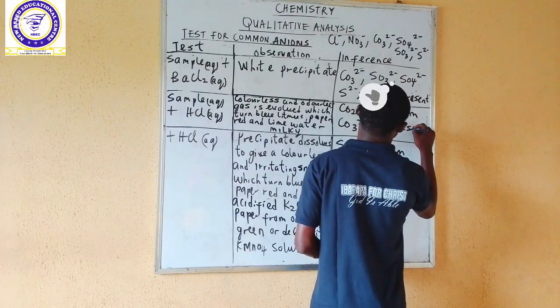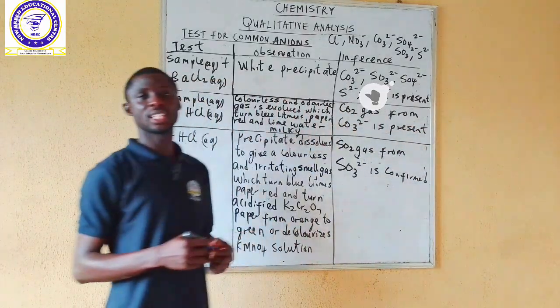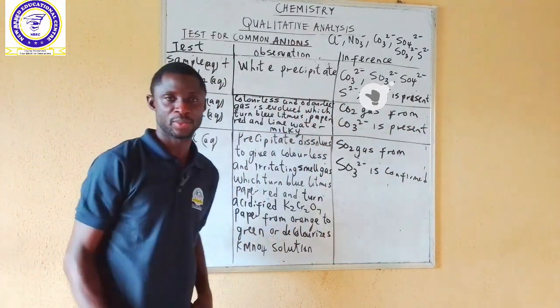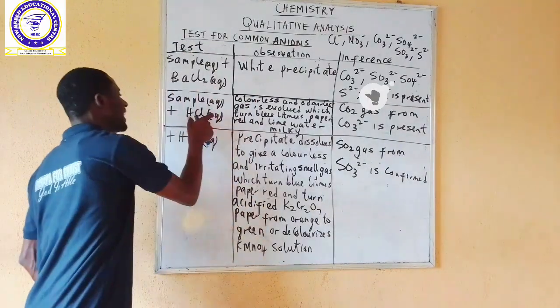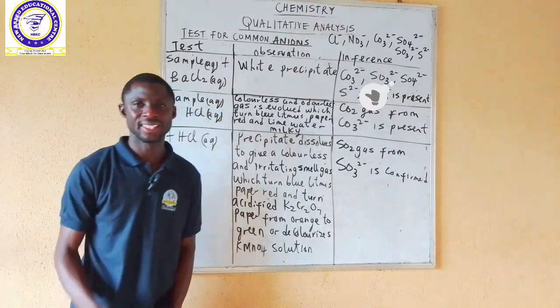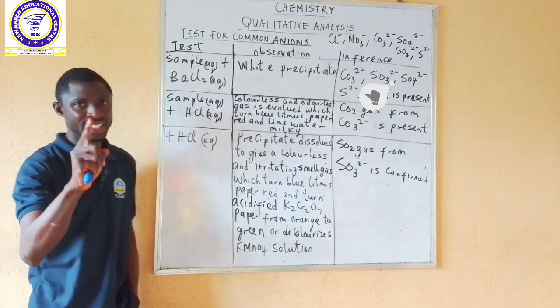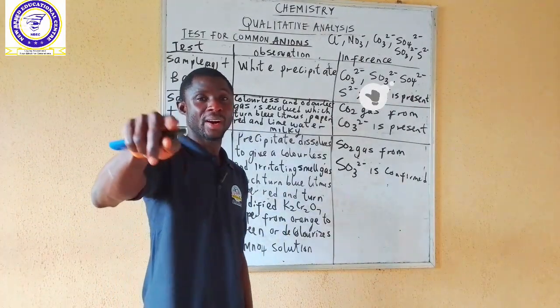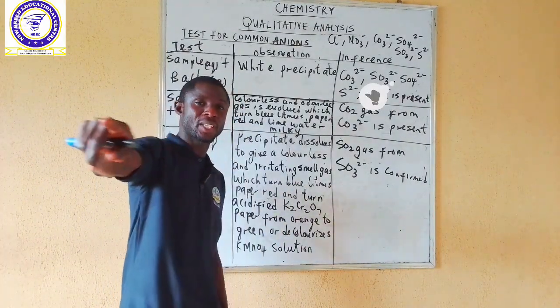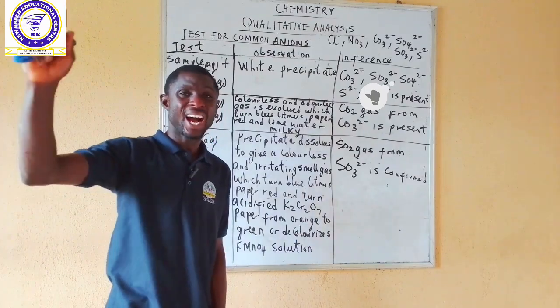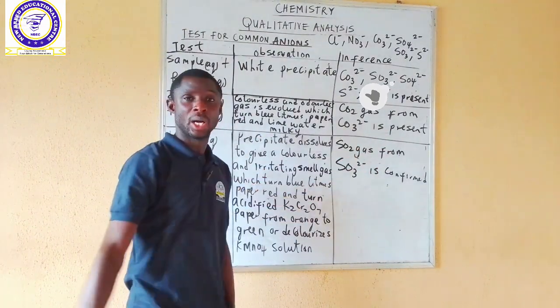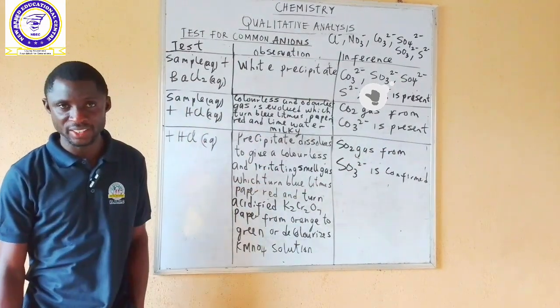That is another way to test for CO3 2-. It is to add HCl to our sample directly, knowing that our chemical property of acid is that anytime we add acid directly to a carbonate, CO2 gas will be liberated.